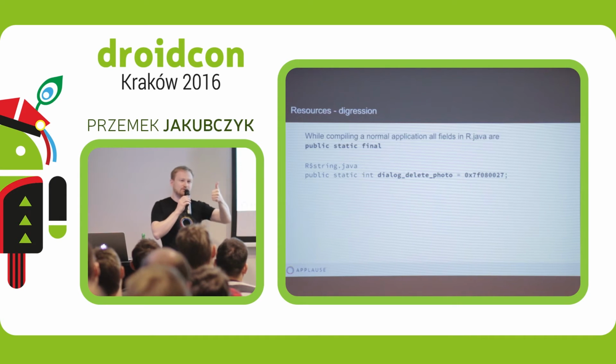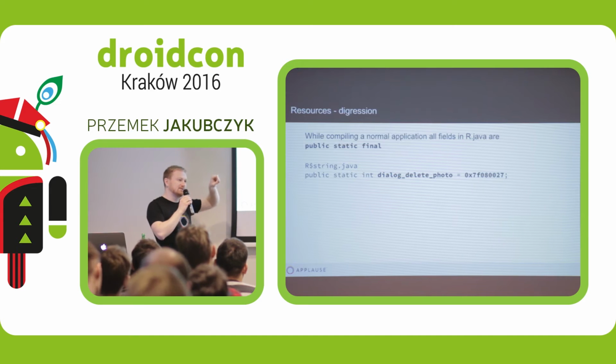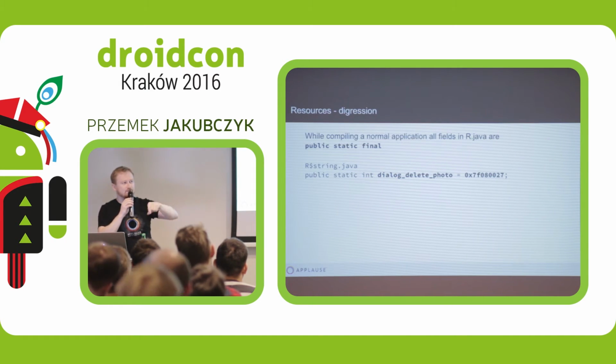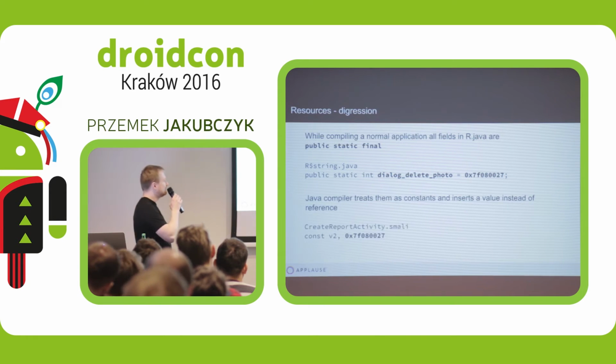This is a good improvement, and the compiler does it automatically. So instead of having this reference, like I showed in the first slide, it will use just the number. There will be no r.string dot something. But for the libraries, it's a bit different.